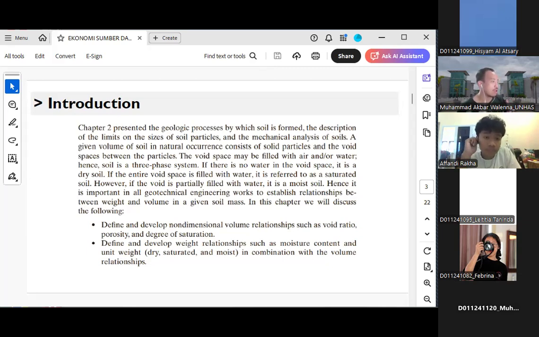You can call it wet when some voids inside the sponge are not filled with water, and some are filled with water. But if it is fully soaked, all the voids inside the sponge are filled with water. It means that the sponge is fully saturated.